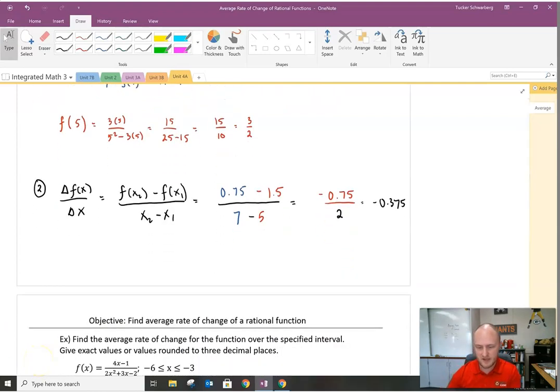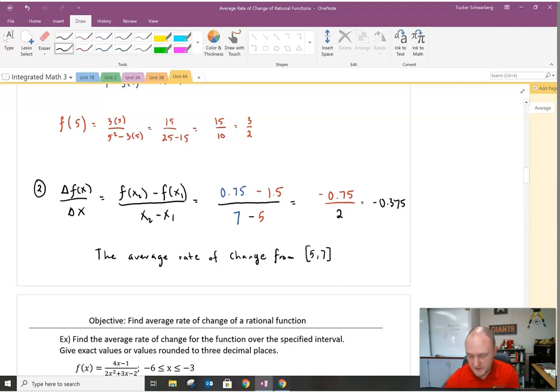So we can say the average rate of change from 5 to 7 inclusive is negative 0.375. And that's exact.